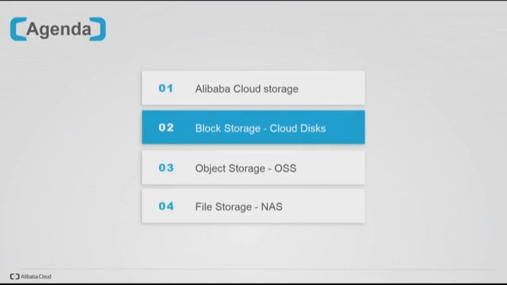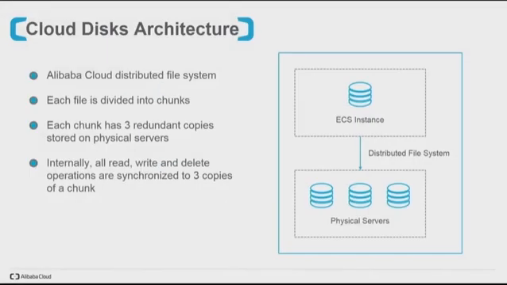So block storage. What is the Alibaba Cloud block storage offering? We call it cloud disk. Before I go into the details of what cloud disks are, I'll quickly talk about the architecture of cloud disks, and I'll tell you why it is important.